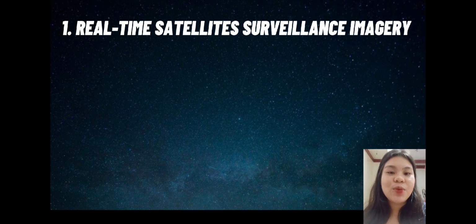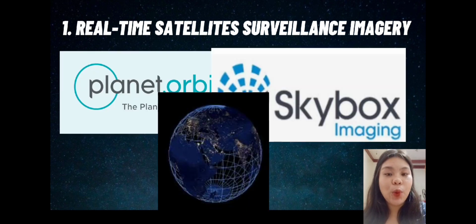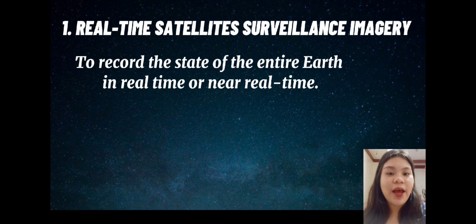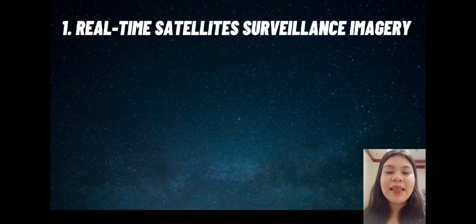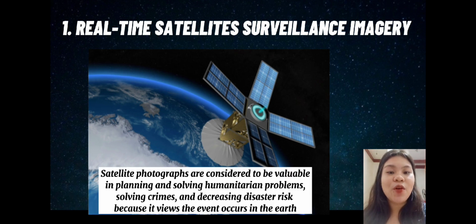These satellites were launched by several companies including Planet Labs, Skybox Imaging, and Digital Globe to record the entire Earth in real time or near real time. Satellite photographs are considered valuable in planning and solving humanitarian problems, solving crimes, and decreasing disaster risk because they show events occurring on Earth.